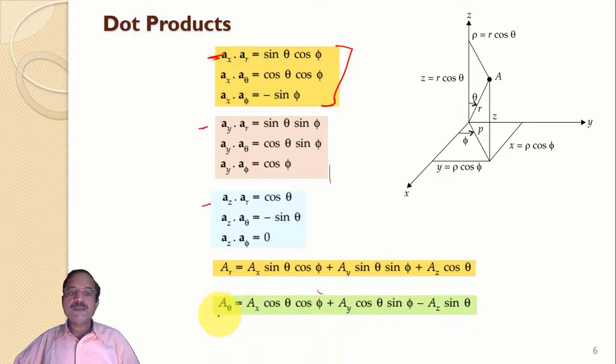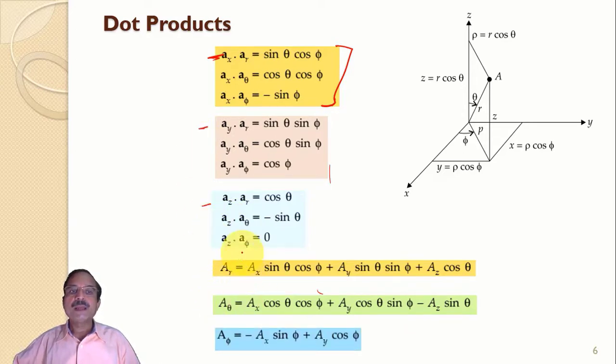In the same manner, for the component of A theta in the X, Y and Z directions, from the previous relationships I can write it as AX cos theta cos phi plus AY cos theta sin phi minus AZ sin theta.